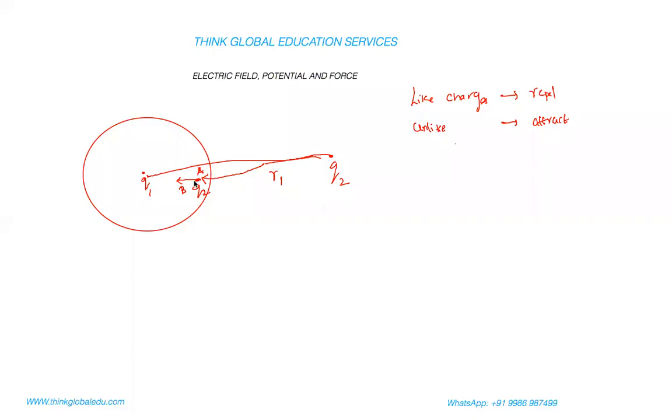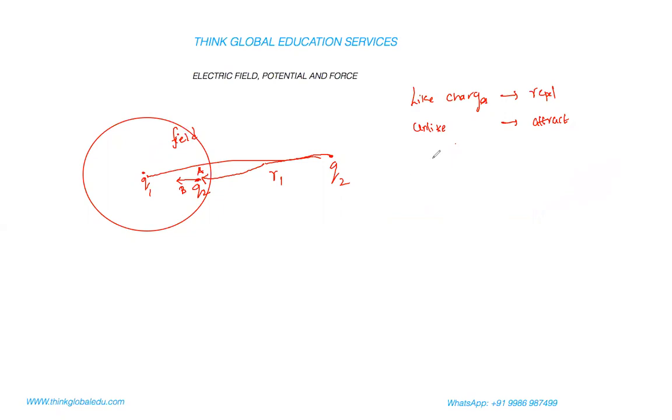When I bring the charge into the region around the charge, it feels a force. So I can name this region the electric field. Since it's a space, I'm calling it a field, and the force felt by the charge is called the electric force. When I bring the charge into the field, it feels a force.